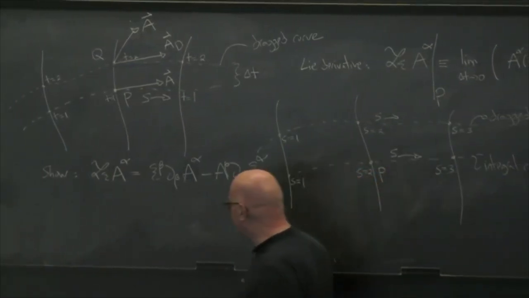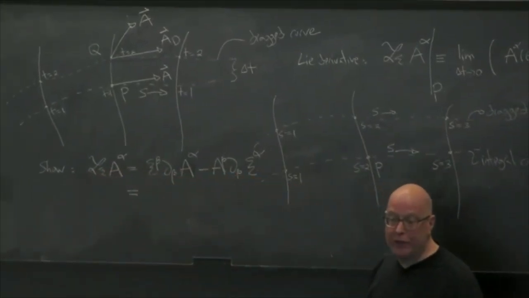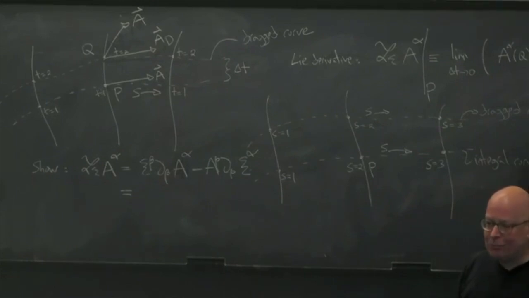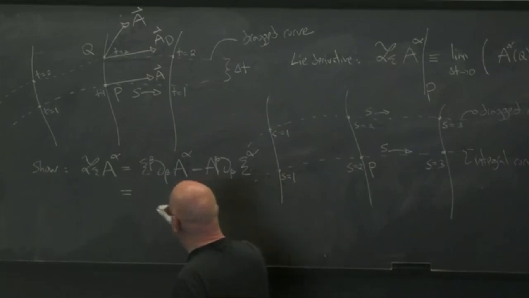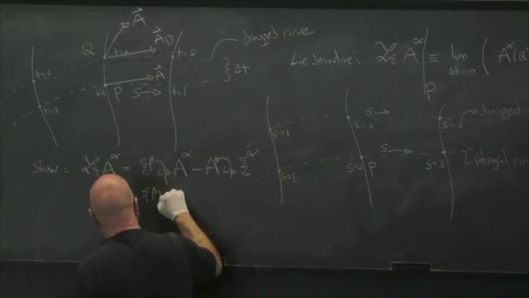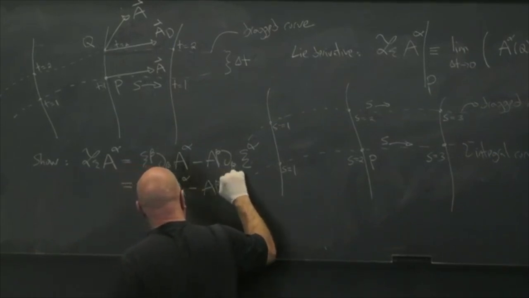And one way to actually prove this is, I made a point that I could do all of this without introducing a connection, but we could put it in since we have it. And what I'm saying is that I can re-express all of this in terms of covariant derivatives and get exactly the same result.